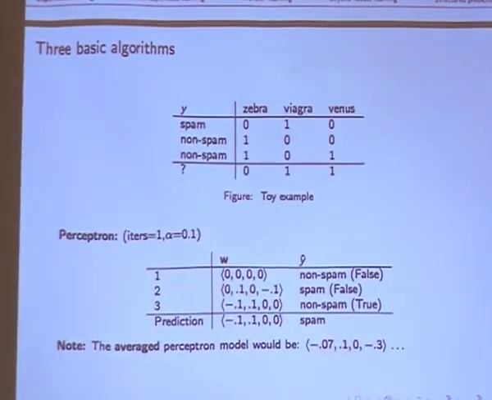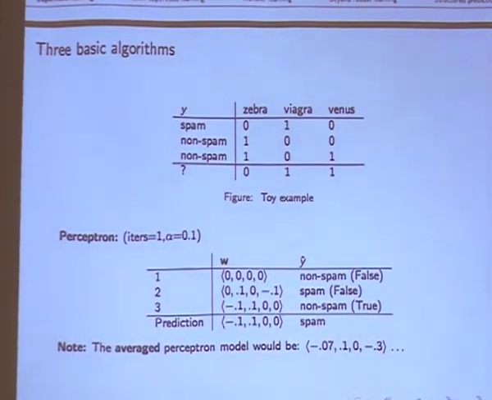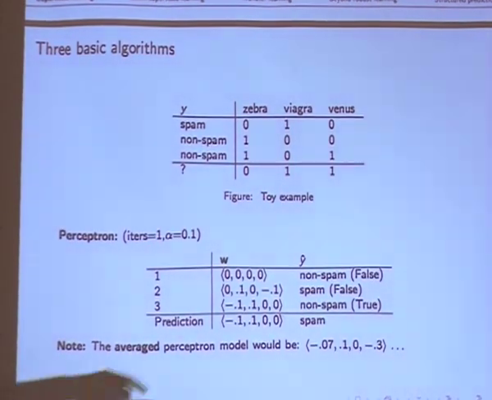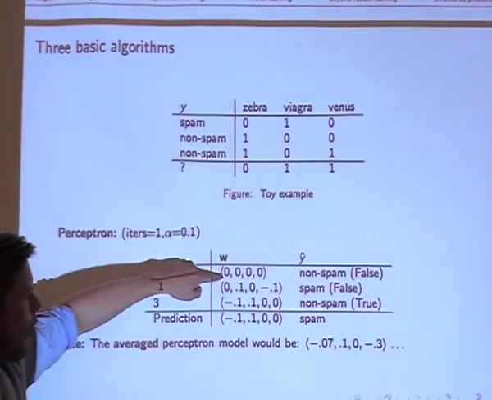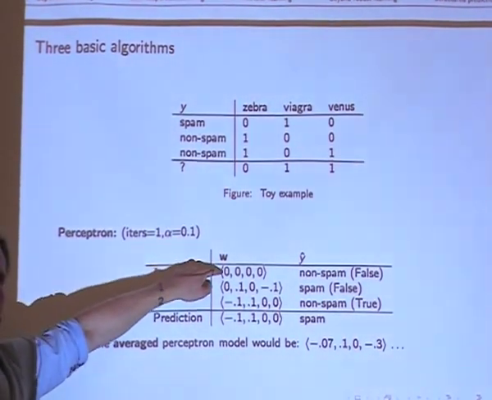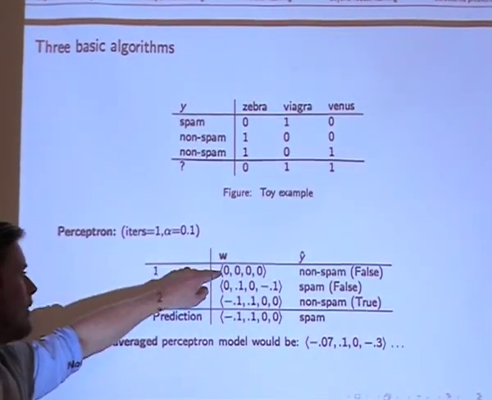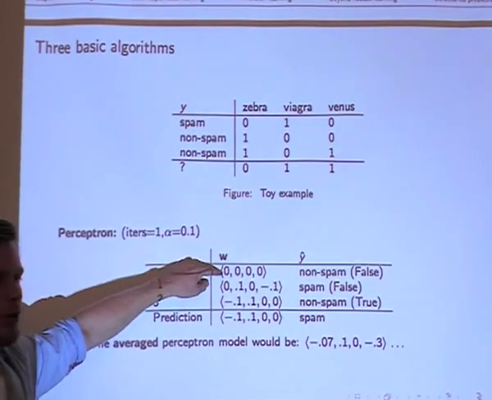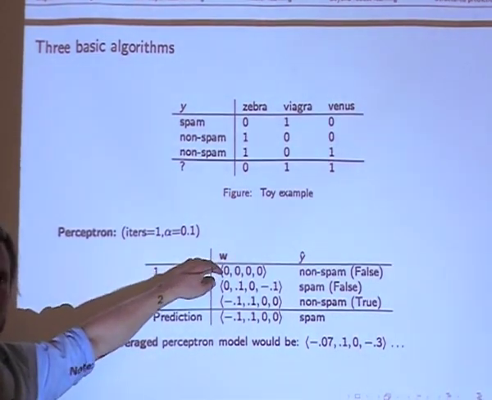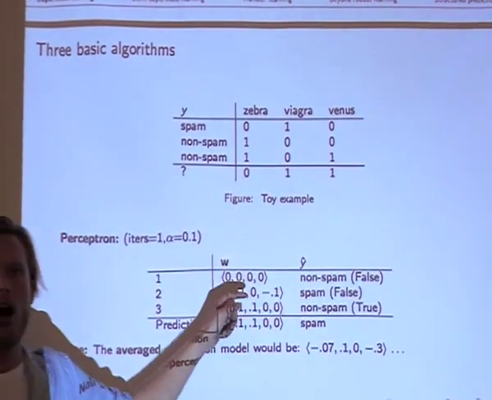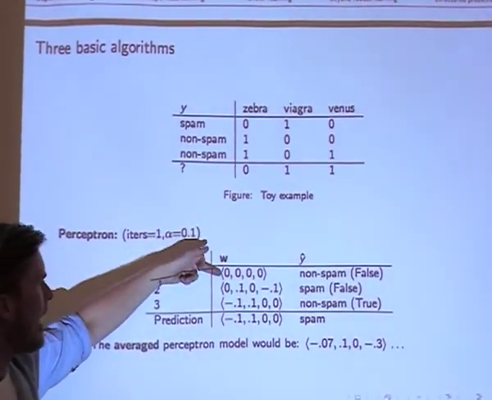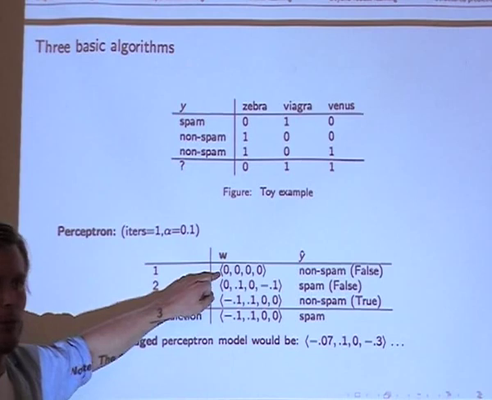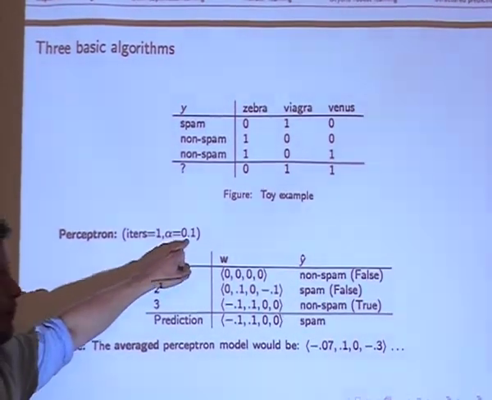And the crucial thing here in the Perceptron is that you update by a fixed rate. So the update is going to be, for every weight here, the original weight plus the true class minus the predicted class. In this case, that's going to be 1, times the learning rate, and in this case we've set that to 0.1.